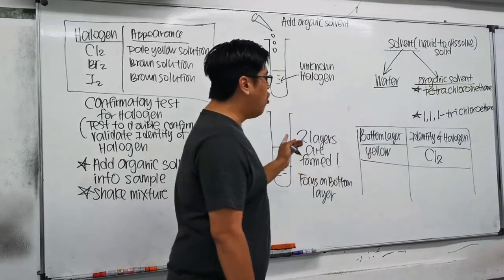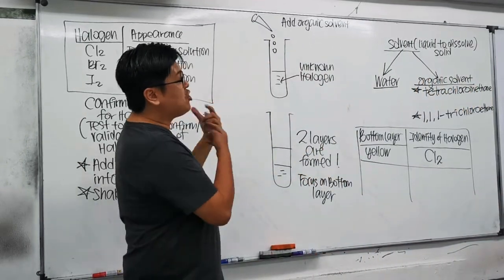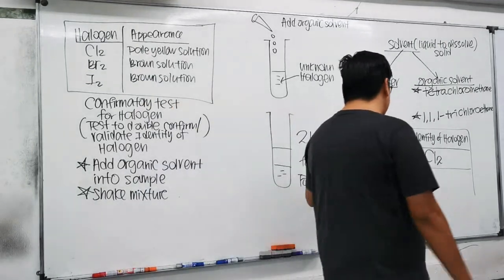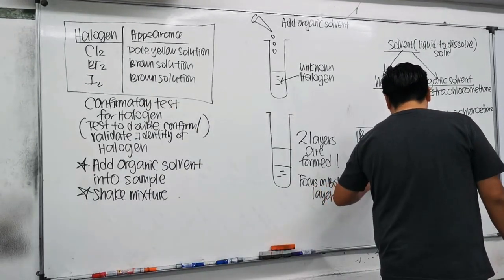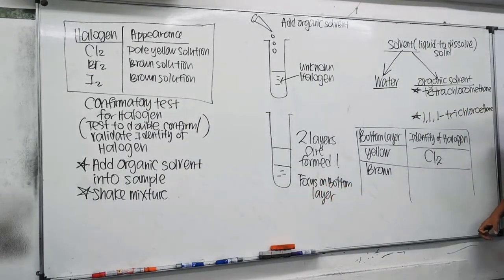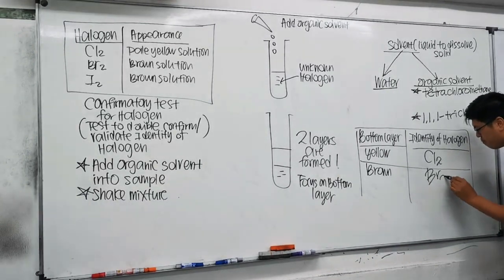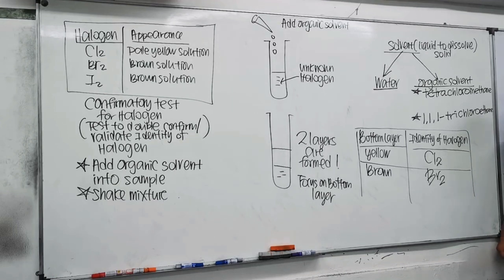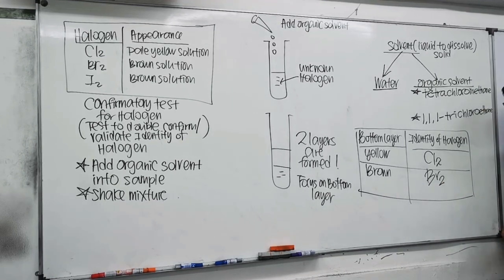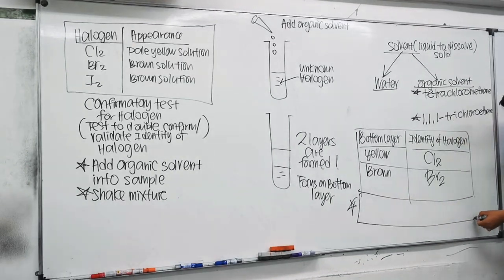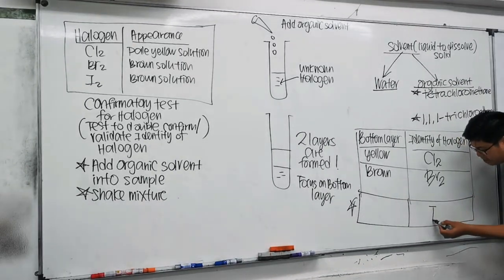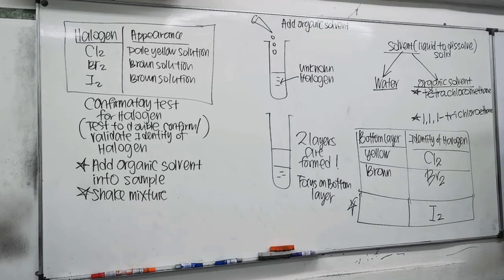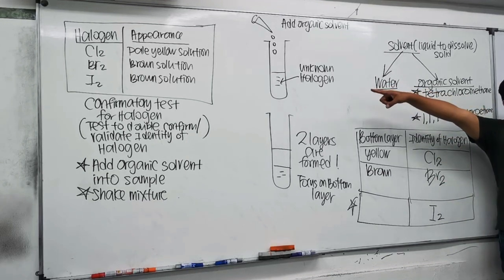Now, when you add organic solvent and shake the whole thing and the bottom layer is brown in color, it tells you that the halogen is bromine. Now, the most important one is the last one. That's why I put a star here. If your halogen is iodine, you are not getting the same brown color.